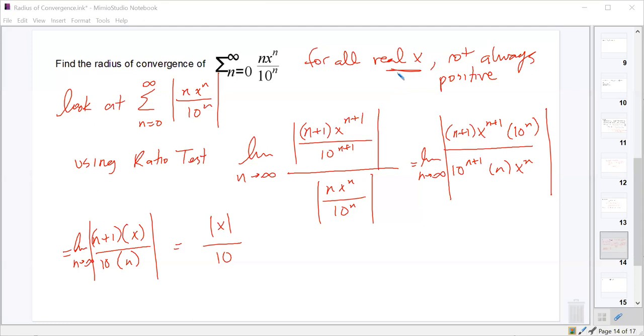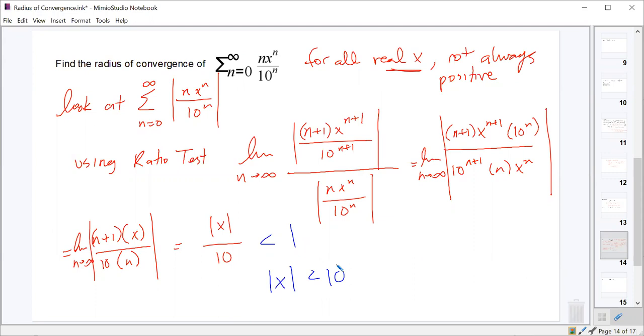And so now we're going to treat x like it's a variable because now it is. Right? We want to know, when does this converge? What's the radius of convergence? So we want to know, when does the absolute value of x over 10 come out to be less than 1? And so that would tell us that the absolute value of x has to be less than 10.